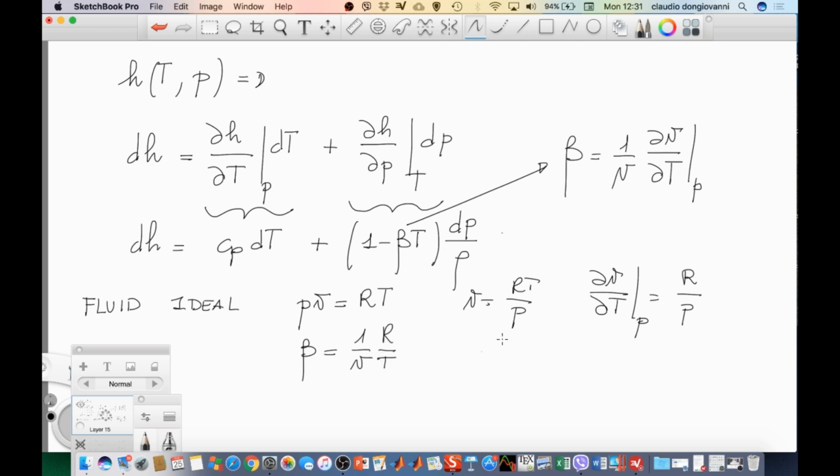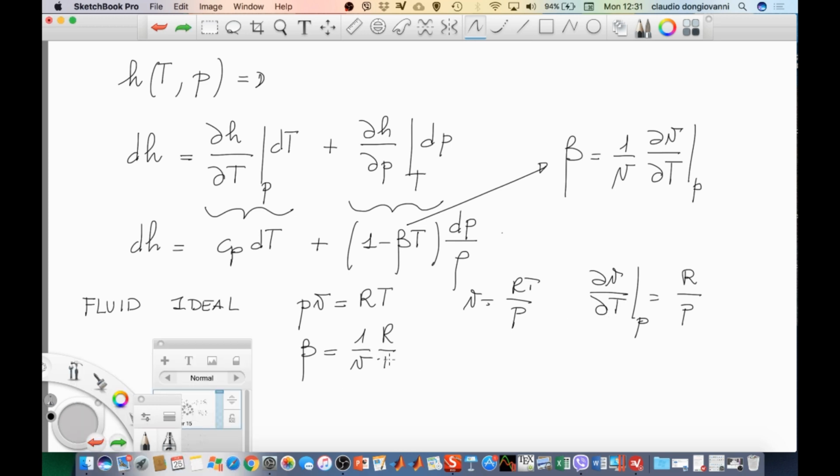Sorry, this is not T, but P. But V P over R is equal to 1 over T.